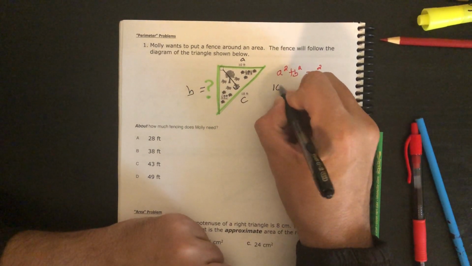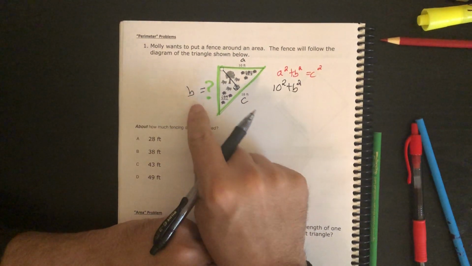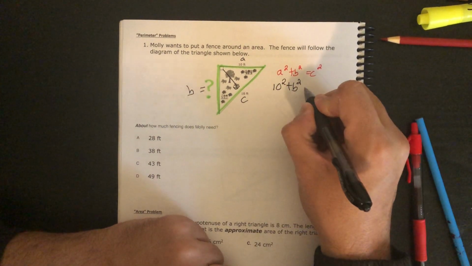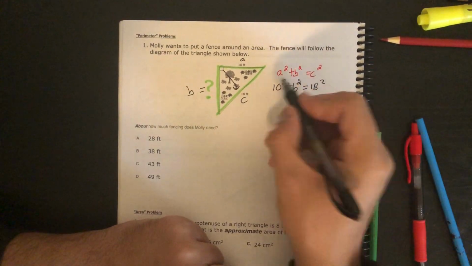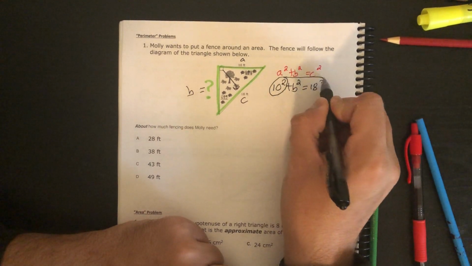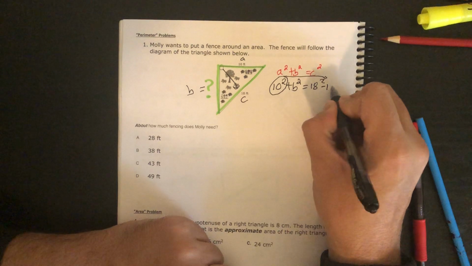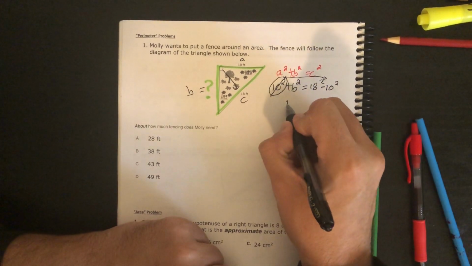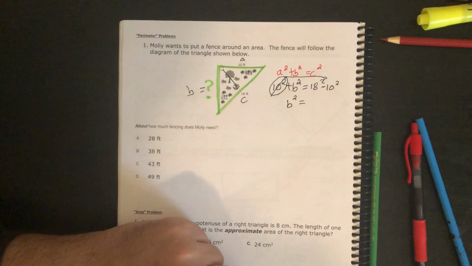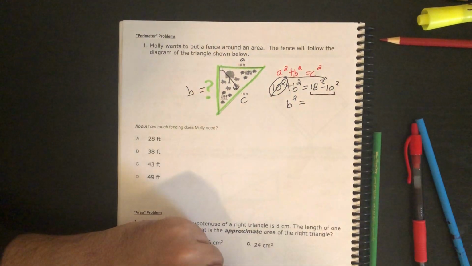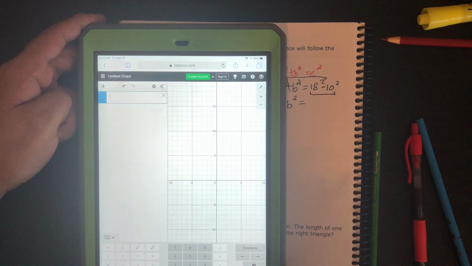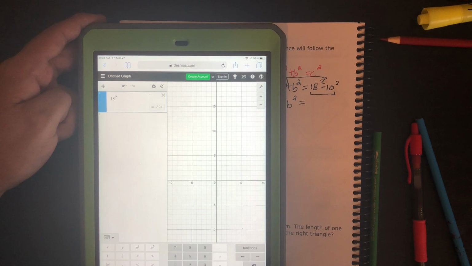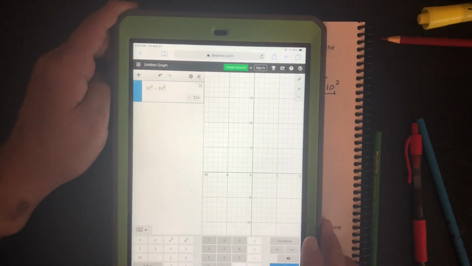So A is 10 squared plus b squared, because on the side of B we don't have any measurement yet, equals 18 squared. So now I'm going to jailbreak the 10 squared, and it becomes minus 10 squared. So I'm left with b squared equals, go ahead and grab Desmos, and let's type that in. 18 squared minus 10 squared. And we get 224.